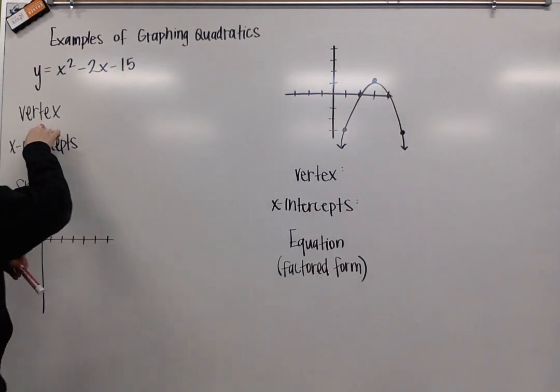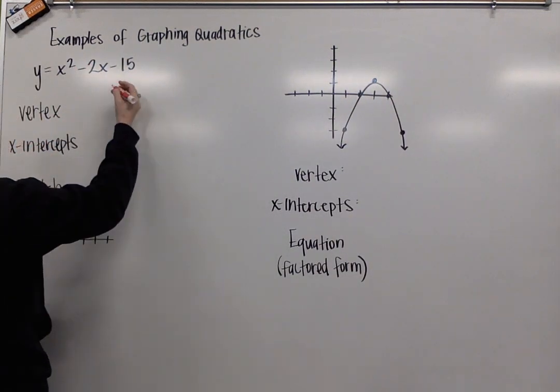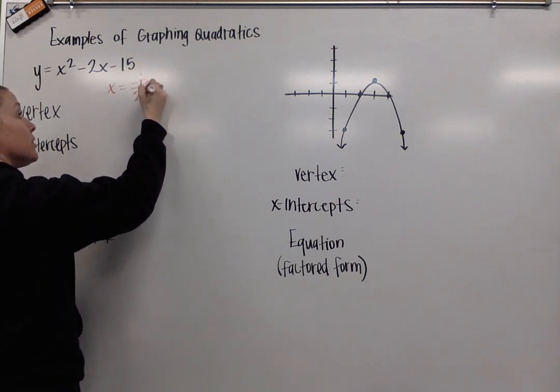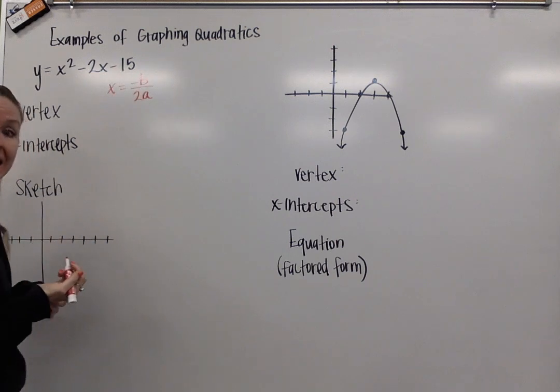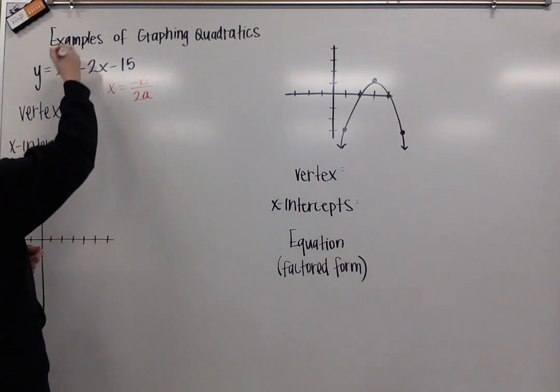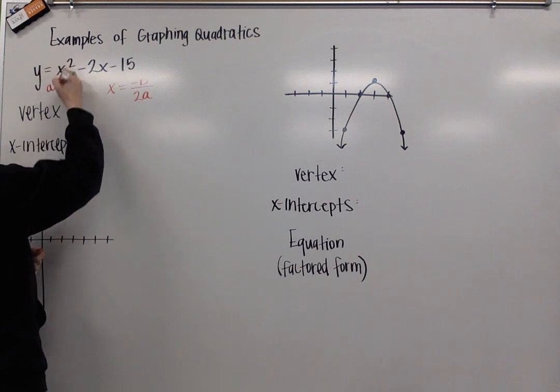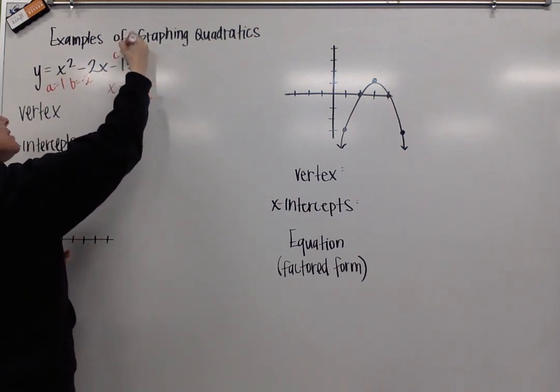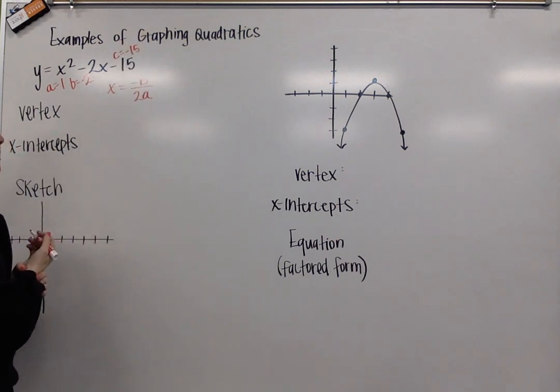Starting out here, to find my vertex, I need to find my x, which I do using the formula negative b over 2a. So again, I need to identify a, b, and c. Here, a is 1, b is negative 2, and c is negative 15.